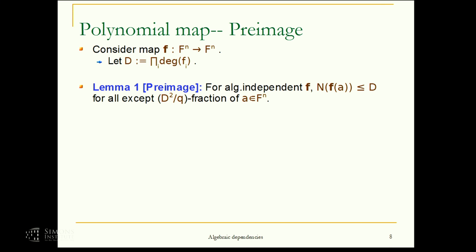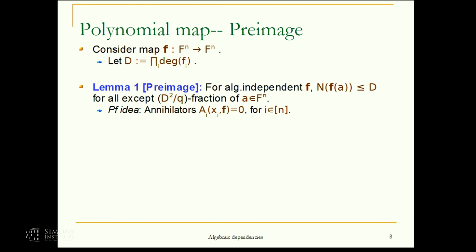But how is this proved? Well, this is proved by looking at the relationships between x_i and these polynomials. Since these polynomials are all independent, they can actually generate any variable x_i. And the relationship has degree at most d. Using that, you can get this result, using the fact that a degree d polynomial has a low density of roots in the big space, and the bound on the degree of the minimal annihilator.